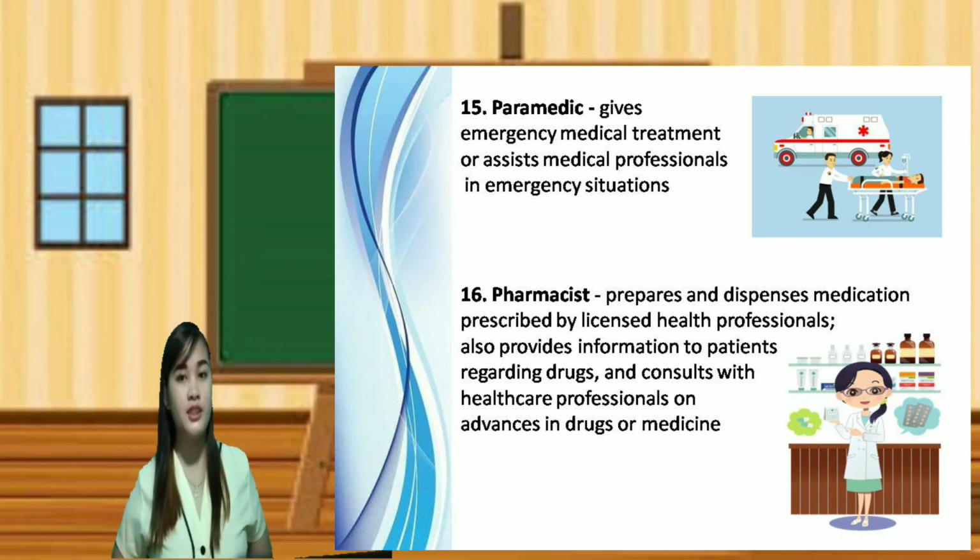Prepares and dispenses medication prescribed by licensed health professionals, also provides information to patients regarding drugs, and consults with healthcare professionals on advances in drugs or medicine. So pharmacists are the ones who give us the drugs or medicine that we take, prescribed by our health professionals.